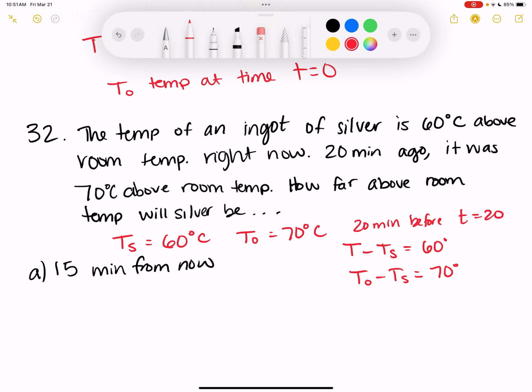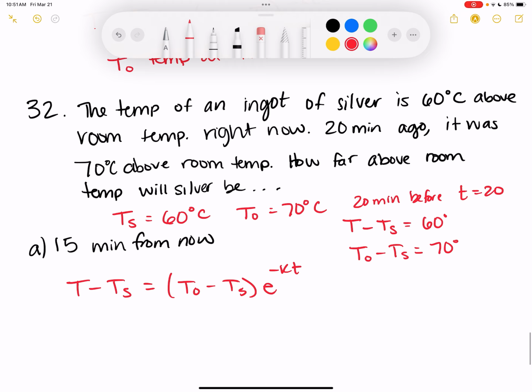So now, T minus T sub S equals T sub 0 minus T sub S times e to the minus KT. That's just writing the formula. I probably won't write the formula again going forward, but for this one I will. So then this is 60 equals 70 e to the negative k times 20.